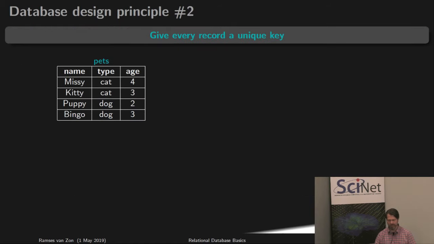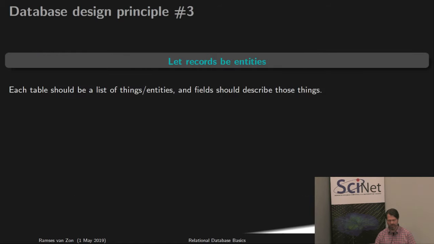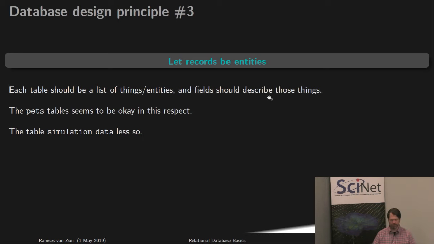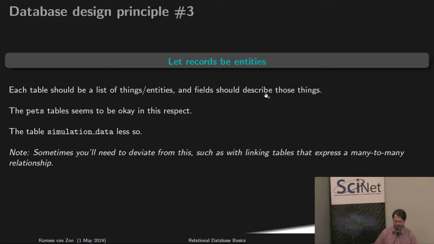It's not always easy to see what the entities are that you should have, but you should strive to make them be things. It doesn't always work, but especially if you have a table that is a true relation. So I have a table of people, and I have a table of eye colors, and say I have a third table to map people to eye colors.